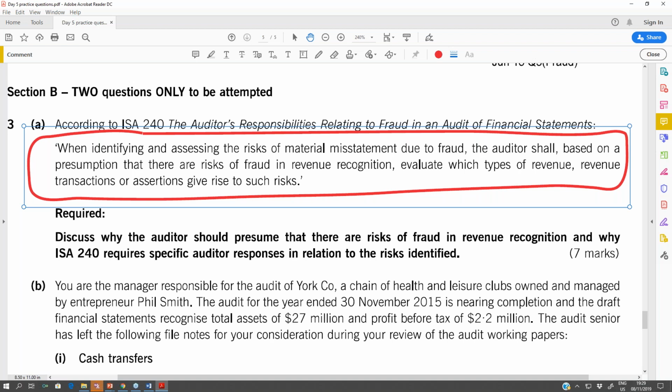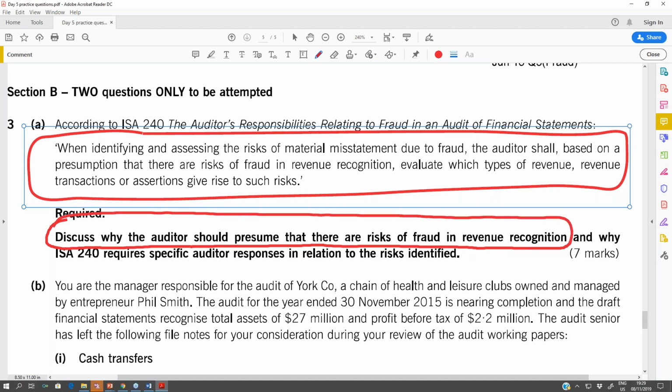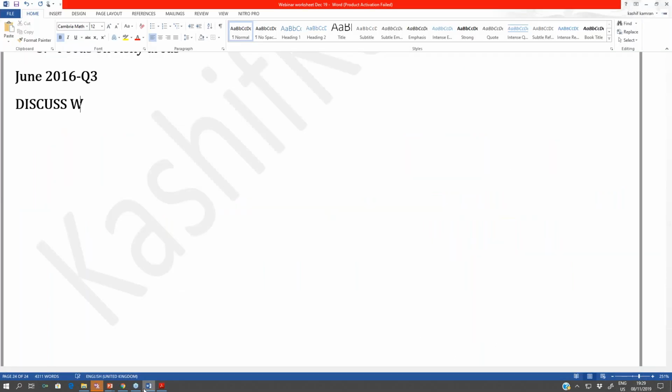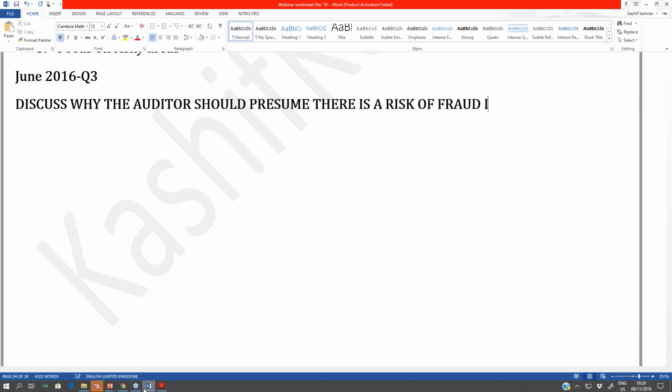Now comes the question. Discuss why the auditor should presume that there is a risk of fraud in revenue recognition.